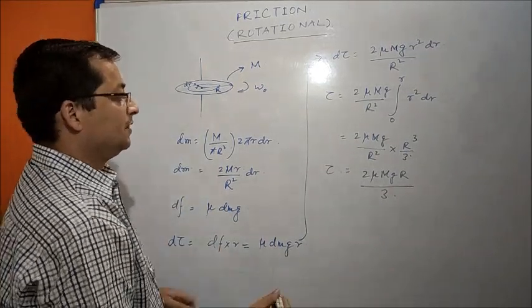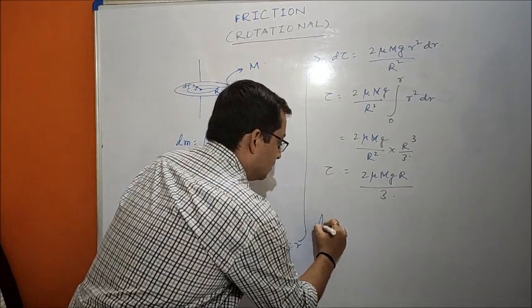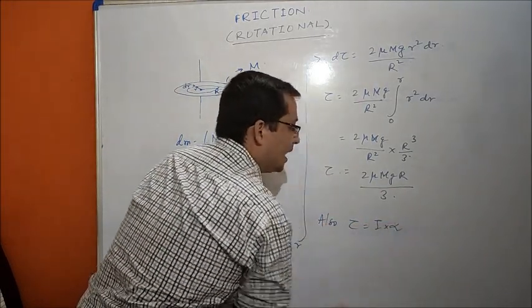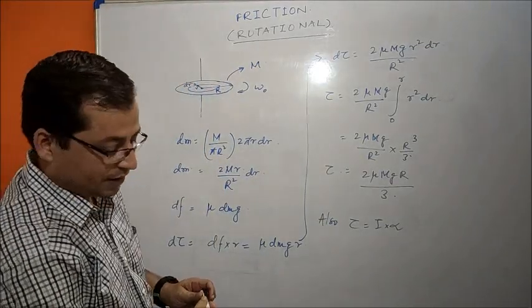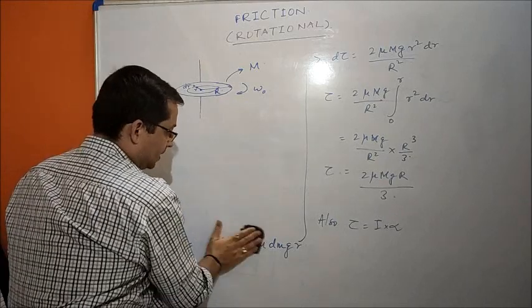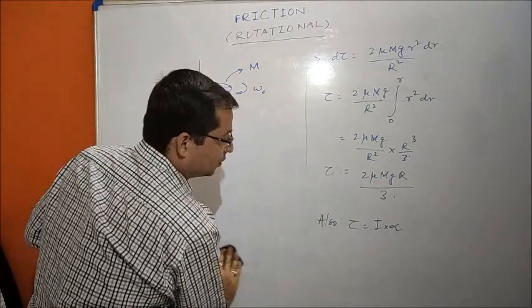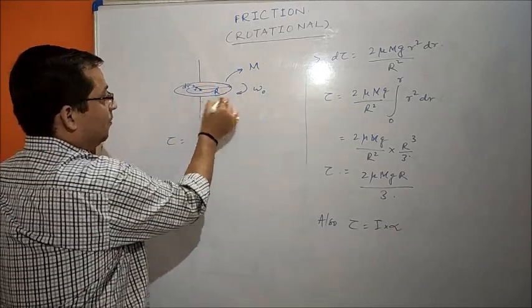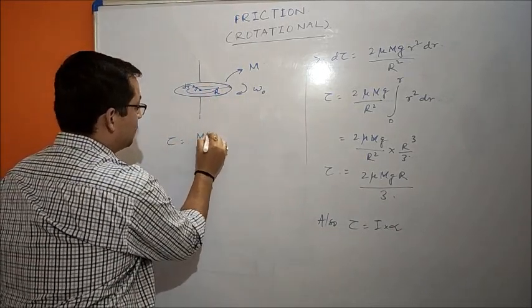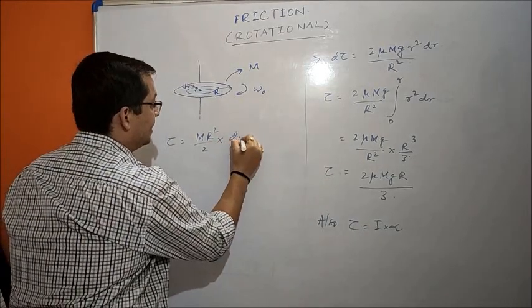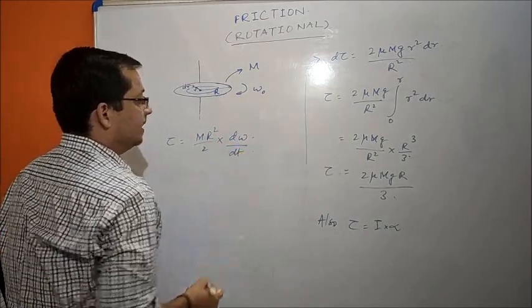As we know, torque is also equal to moment of inertia into angular acceleration, right? So let's analyze this second expression of torque. Now the moment of inertia for a disk is m R square by 2, and angular acceleration can be written as d omega by dt.